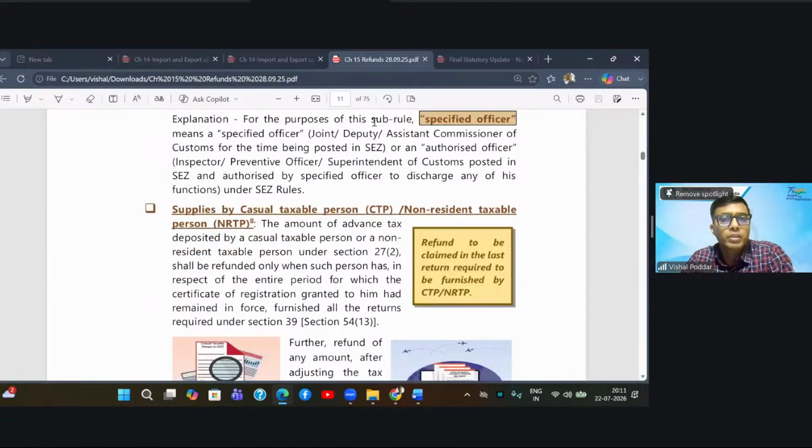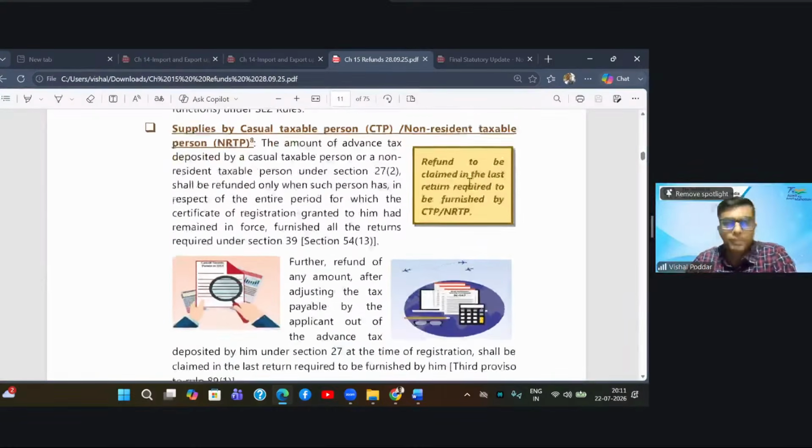Now, who is this officer? So for the purpose of this sub rule, specified officer means either joint or deputy or assistant commissioner of customs who is posted in SEZ, or an authorized officer who may be inspector, preventive inspector, superintendent posted in the SEZ and authorized by specified officer to discharge the above function.